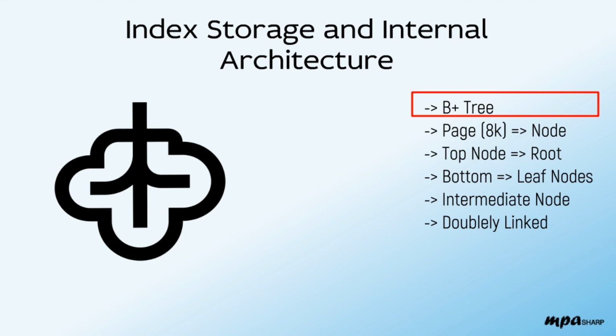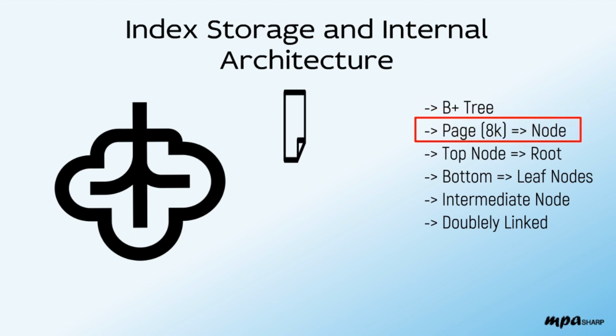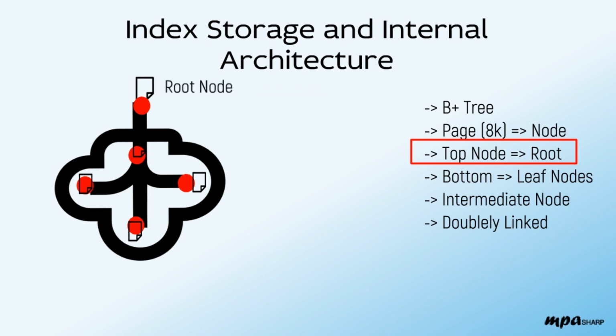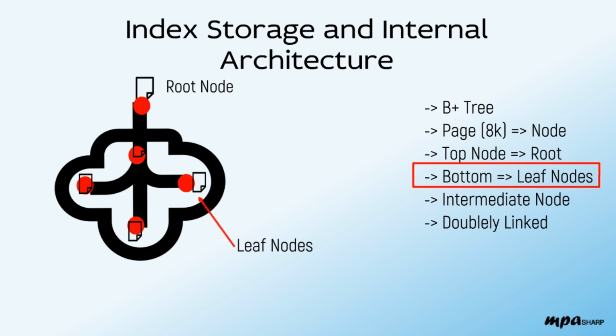As we learned in other modules, data in SQL Server is organized into 8K pages. So a B plus tree is also constructed using 8K pages. Each page in a B plus tree structure is called a node. The top node of the index is called the root node because it's at the root of the tree. The very bottom nodes of the index are called leaf nodes because they are like leaves in the tree.